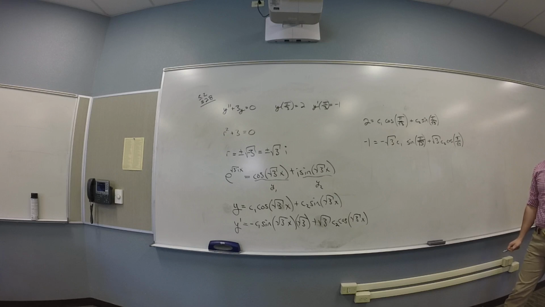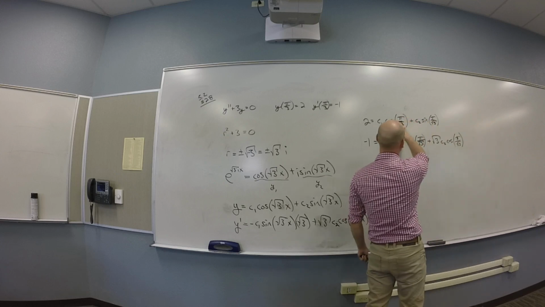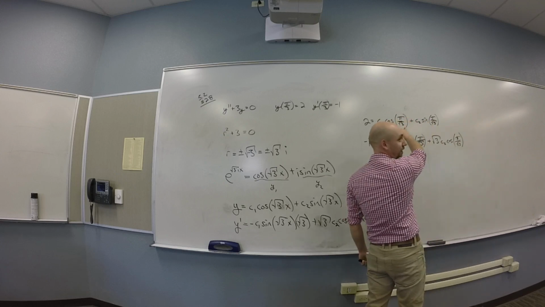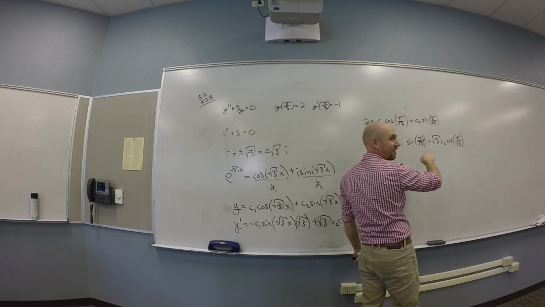What do you want to have happen here? One of the C's cancel. Yeah, you got to get something to cancel, right? So I need something with opposite coefficients. Right now my coefficients are cosine of pi over the square root of 3. Have I got one of those in the bottom? Well, almost.